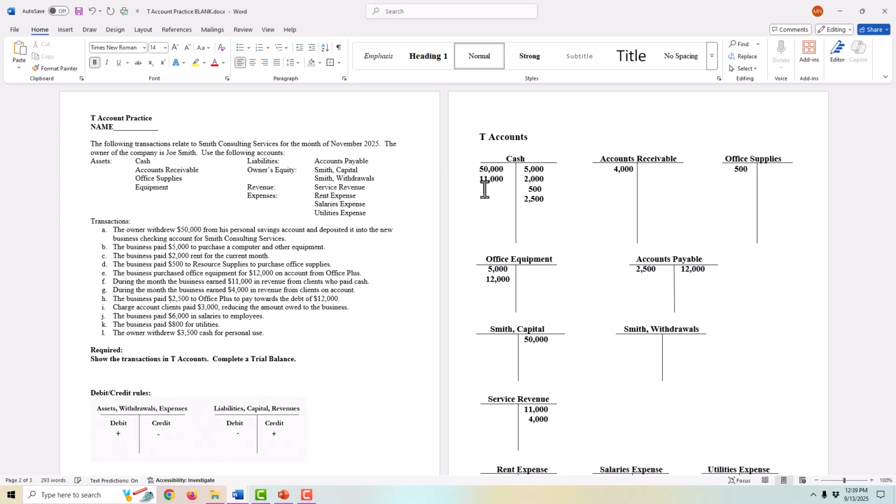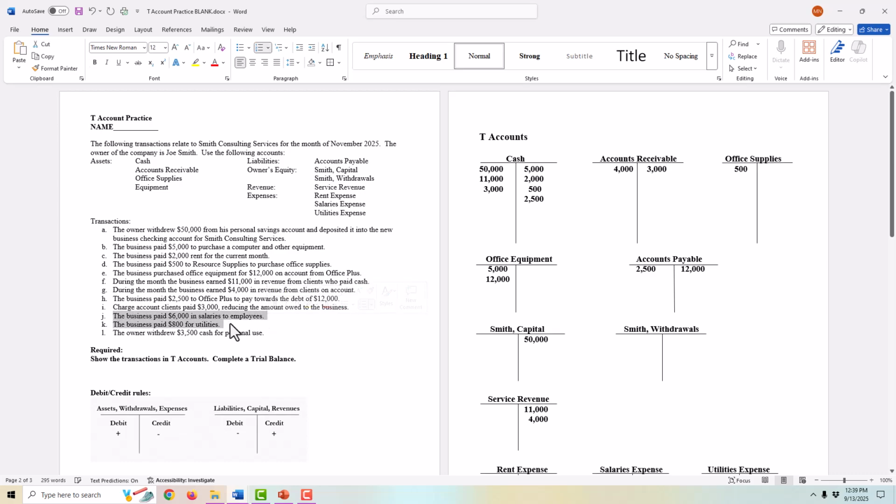So I'm just going to put that on the debit side. And then that's going to subtract from accounts receivable because these clients paid towards their debt. So for accounts receivable, when clients owe the business money, you're adding to accounts receivable. And when the customers make payments, that's going to subtract from that accounts receivable. So that would go on the credit side of accounts receivable.